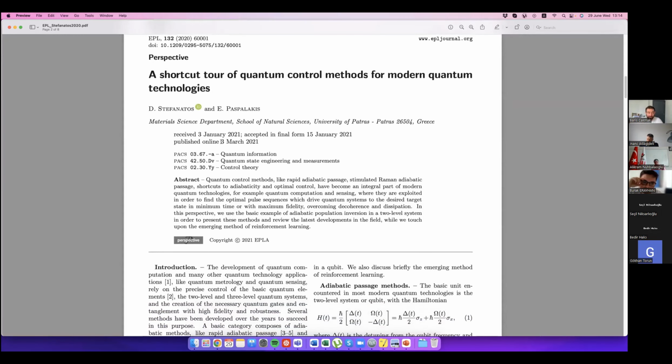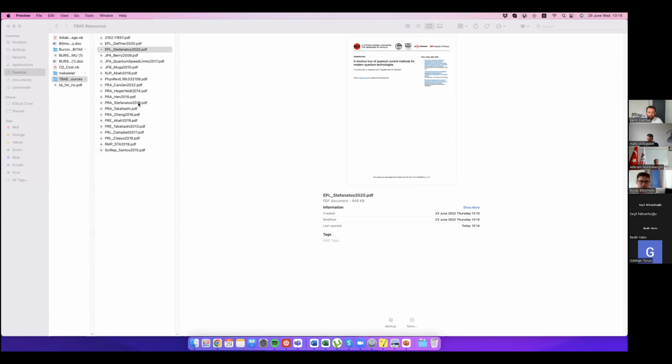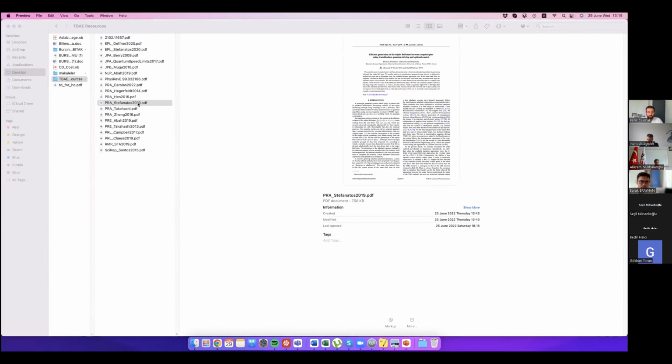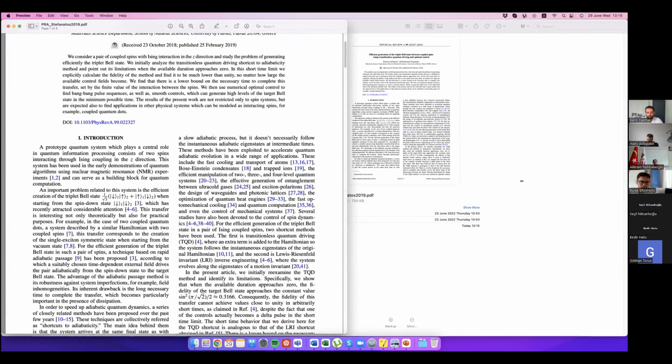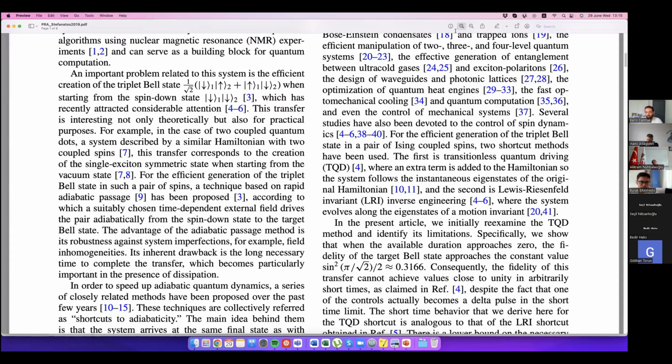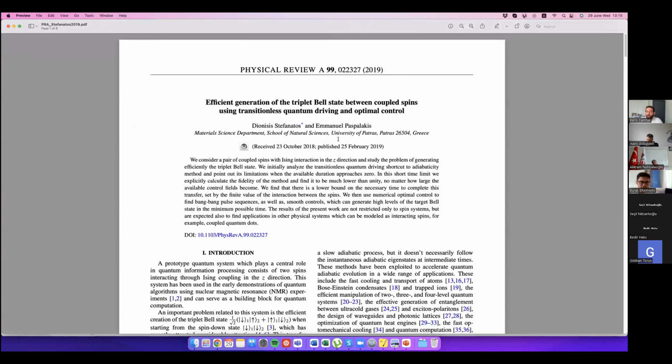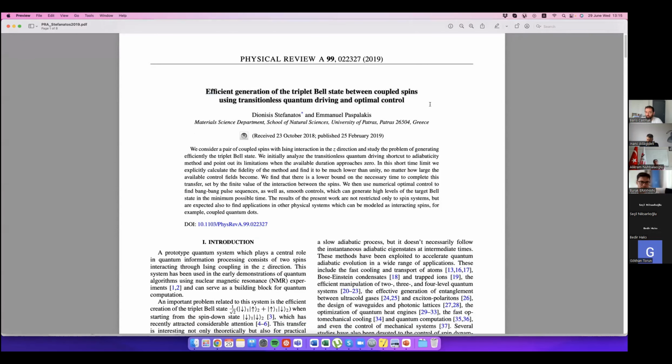Maybe just to show you a couple of different things where you can apply shortcuts to adiabaticity. One of them would be this. We were talking about, actually, I guess Jane was talking about creating entangled states.